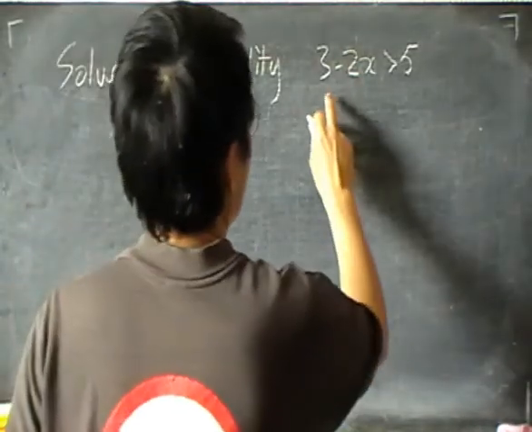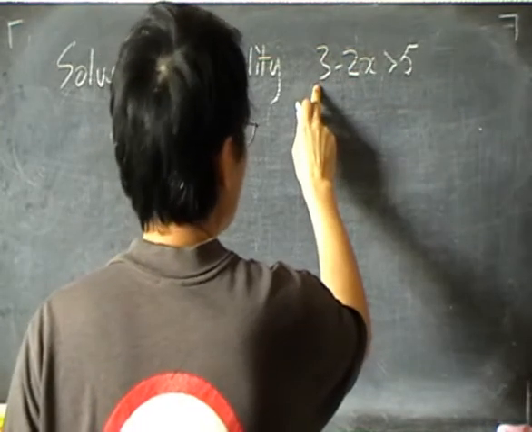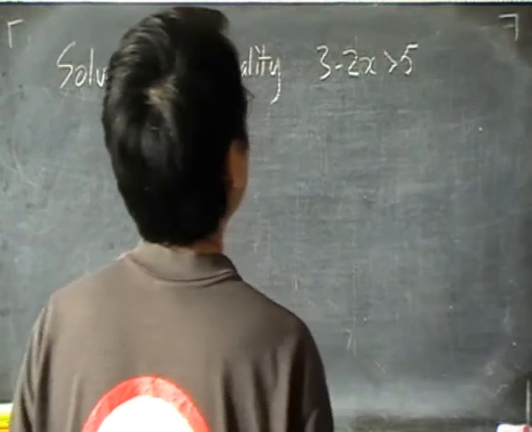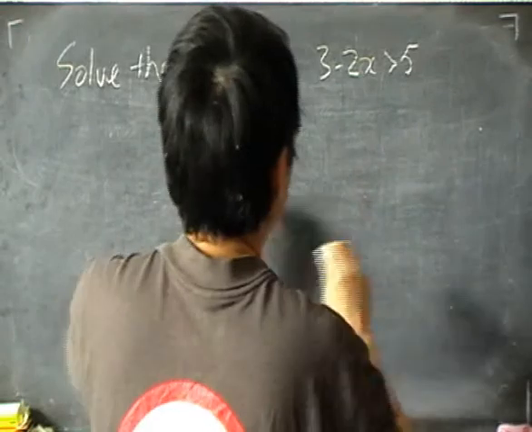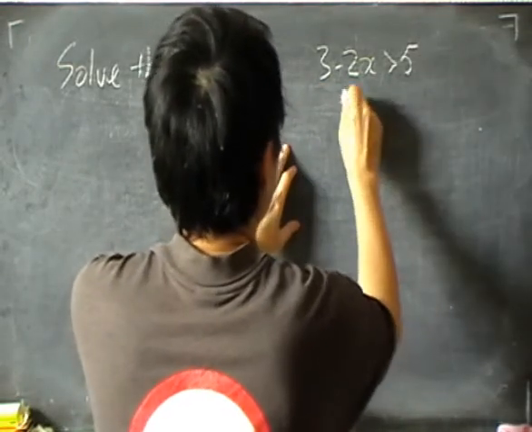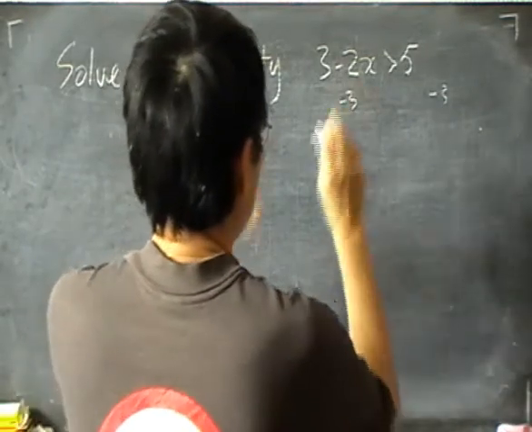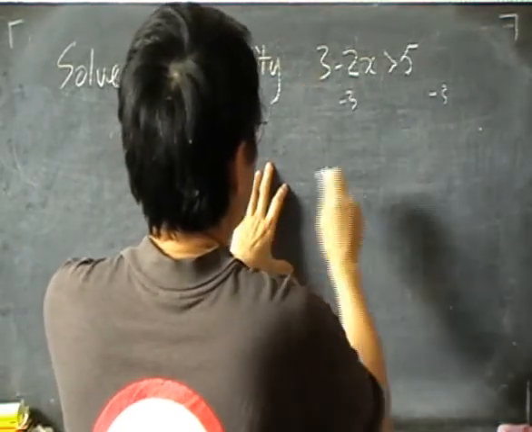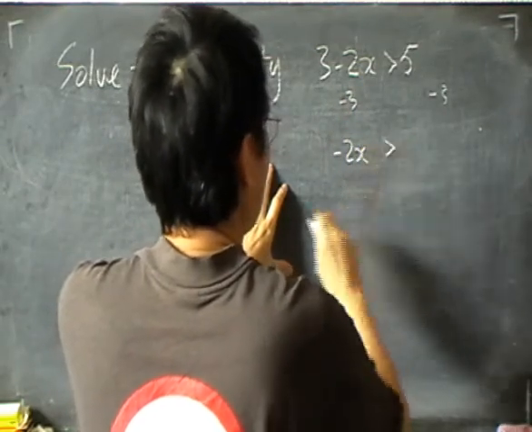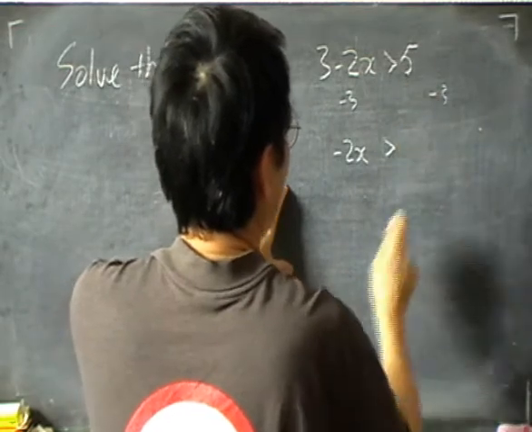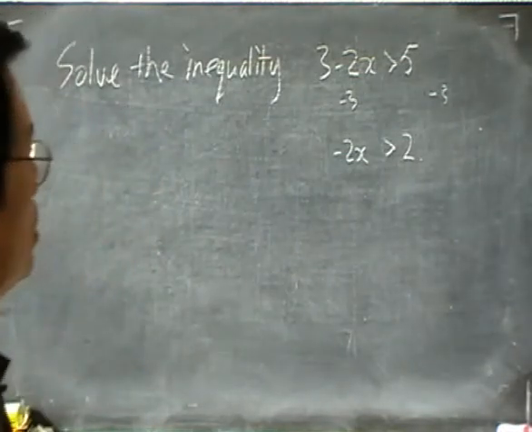Now we know that in an equation I can just move the 3 over to the other side, and that's because I'm really subtracting 3 from both sides. Okay, so if I subtract 3 from both sides, the 3 there is gone and I have just minus 2x more than, and 5 minus 3 is 2. So I have that.